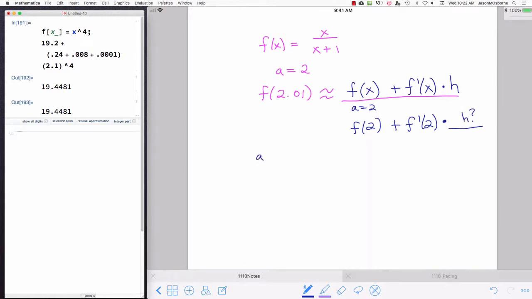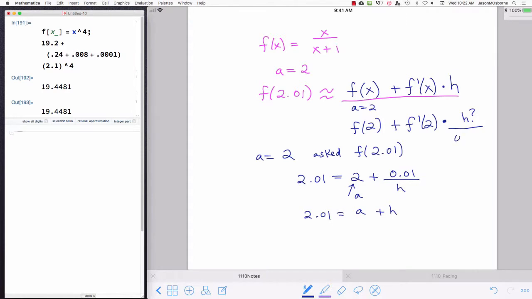How do you find this h value? Notice that you were given a point of interest, 2, and then asked to find the function value at 2.01. 2.01 is the value you're interested in plus a wee bit more, which is 0.01. So 2.01 is the a value plus h, where h is equal to 0.01.